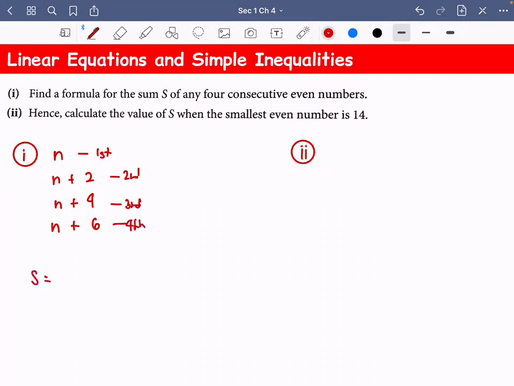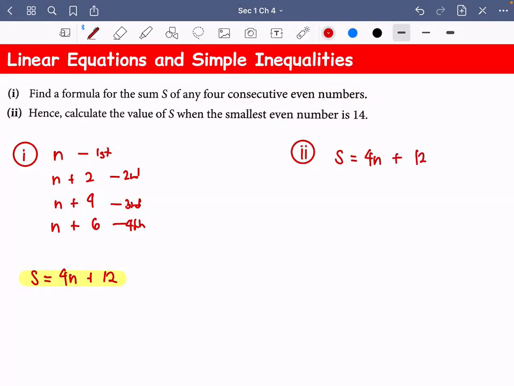So s is equal to 4n plus 12, okay? All right, 4n plus 12. So this is your answer for number 1. Then for number 2, using the same formula from number 1, s is equal to 4n plus 12.